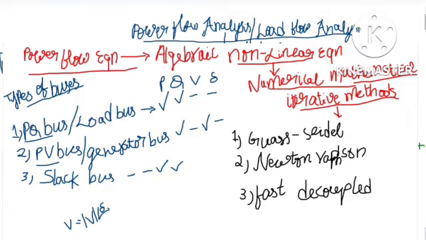Mathematical iterative methods, actually, we should say. We know what the different iterative methods are. In iterative methods we repeat the solution till we get an assumed tolerance.